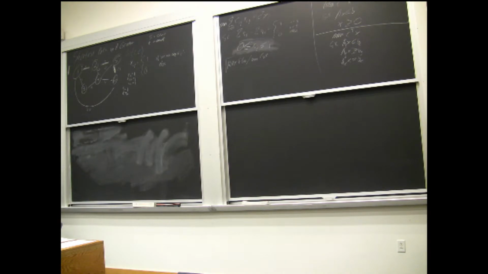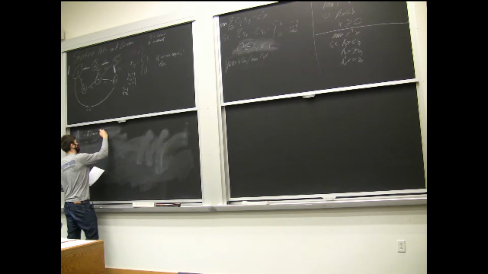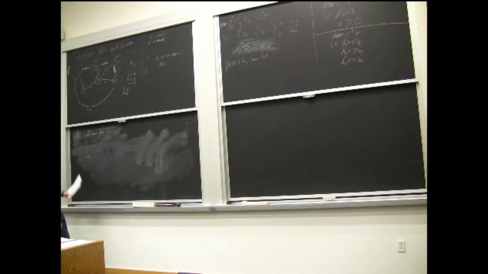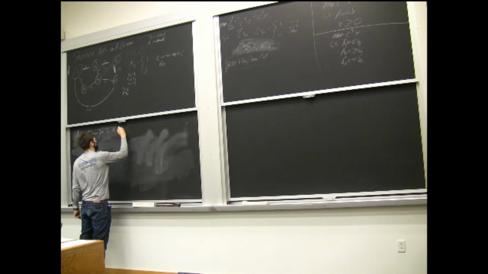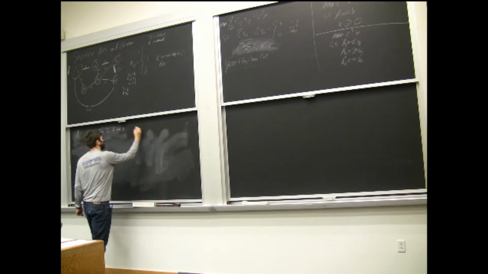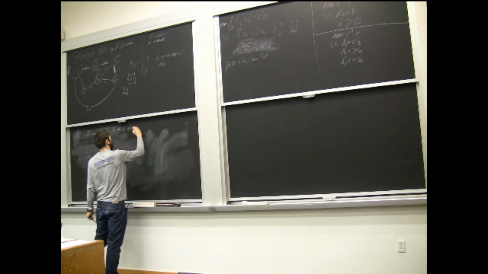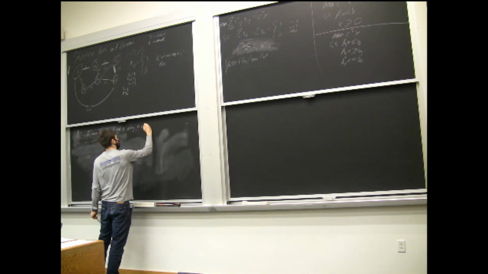Let's start by thinking about distances between the nodes. Let dv be the distance from s, the starting node, to node v along the chosen path.